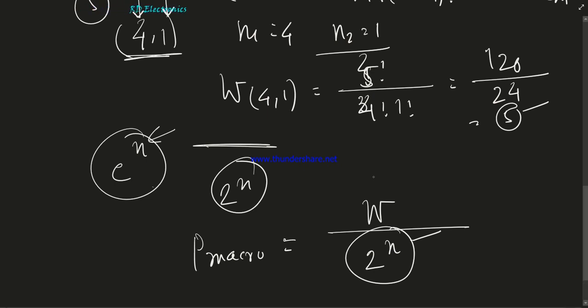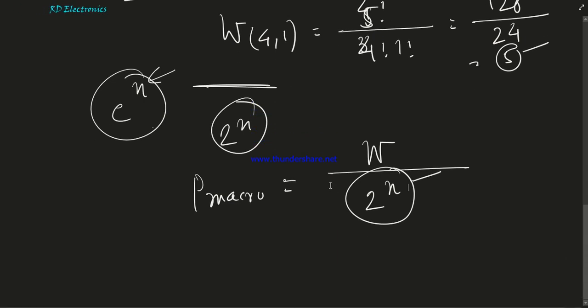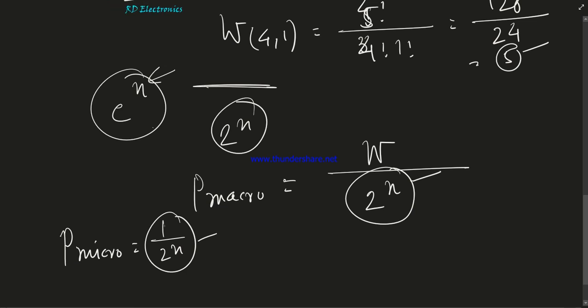The probability of occurrence of a microstate, which we denote the probability of microstate, is given by 1 divided by 2 to the power n for n number of particles, because 2 to the power n gives the total number of microstates for n particles arranged into 2 compartments.